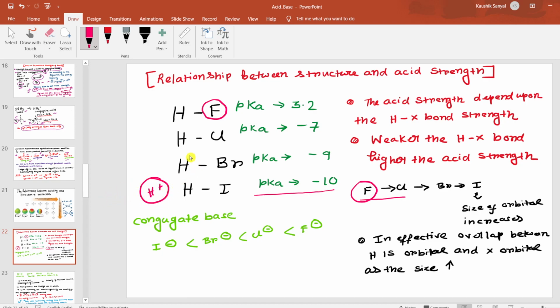So as we go from hydrogen fluoride to hydrogen iodide, it is very easy to produce H plus as the size of the corresponding halide increases. That's why as we move down from HF to HI, the acid strength increases and the pKa value decreases. Now I hope you can relate the structure and acid strength.